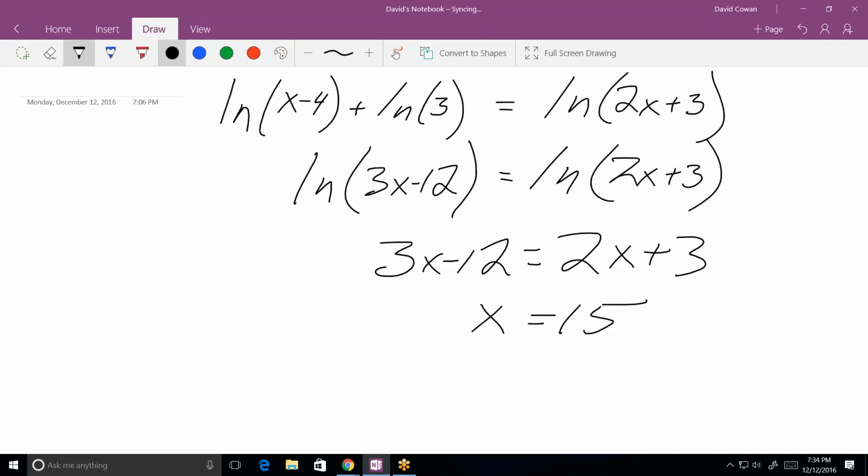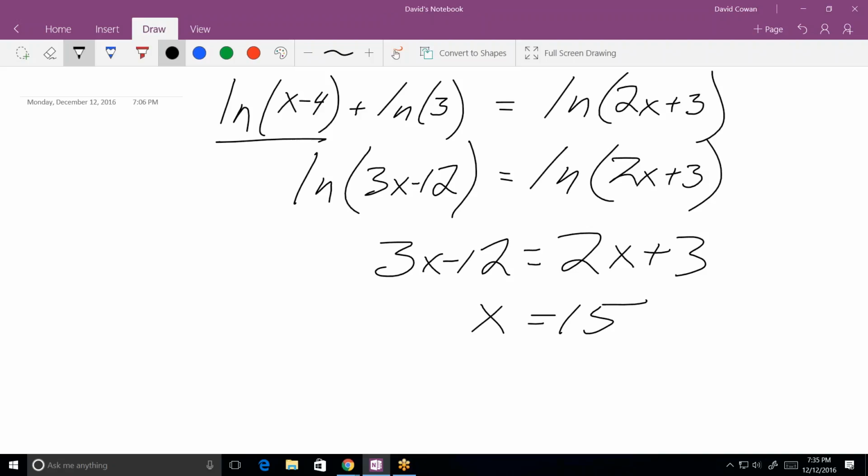Now, it's also necessary, once you get your answer, particularly with log equations, to check and make sure you have not violated any domain. If I would have gotten x equals minus 15, that violates the domain. You can only take logs of positive numbers.